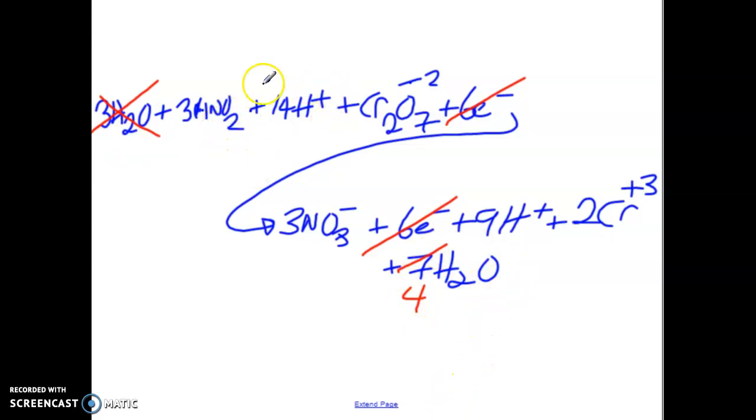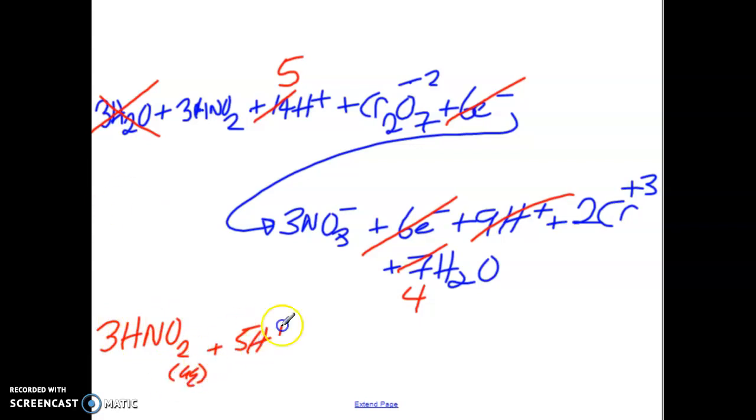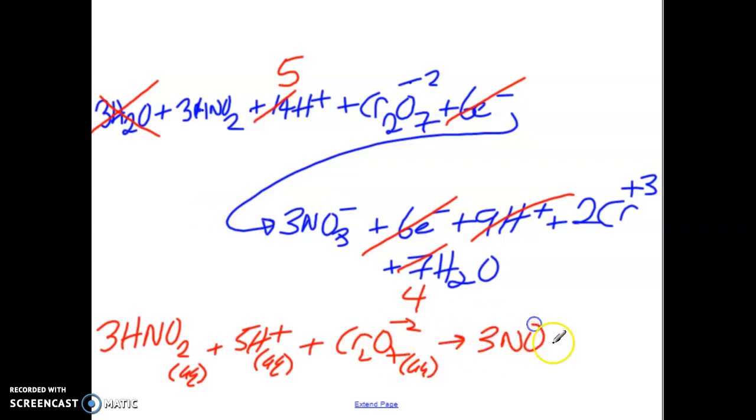HNO2, we can't cancel. 14 hydrogens, though, we can cancel 9 of them because we have 9 hydrogens on the product side, which would leave us with 5 hydrogens. And actually every other species here we would not cancel. So altogether our overall reaction is 3 HNO2 plus 5 hydrogen ions plus our dichromate ions, making 3 NO3.